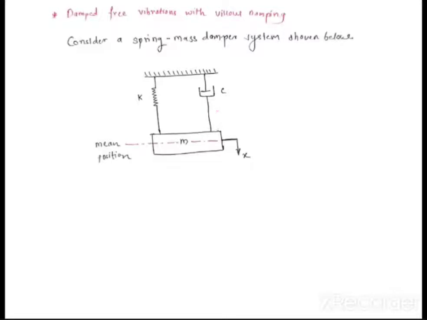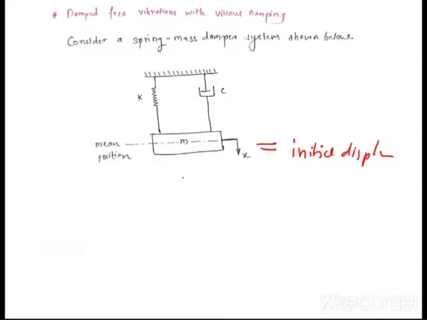Now, in the last problem, we haven't considered this C. So now we will be considering it. The rest is the same. Consider the spring mass system, and let us say that x is the small initial displacement given to the mass m.